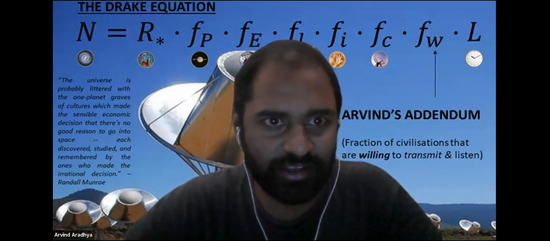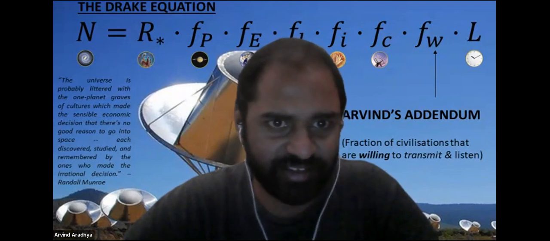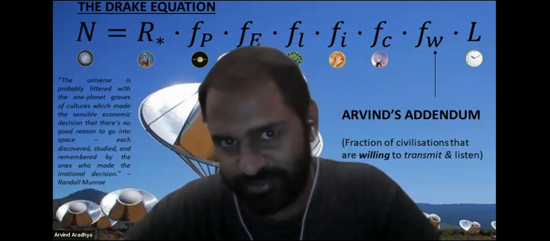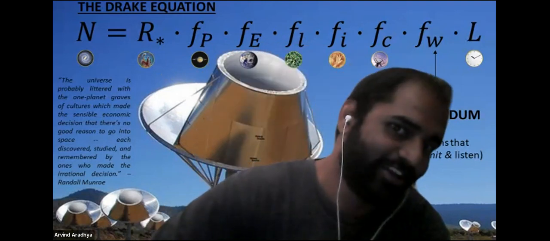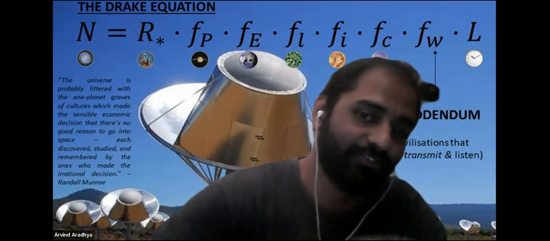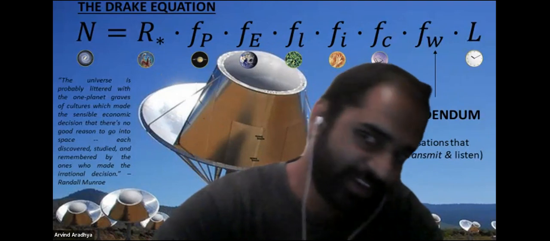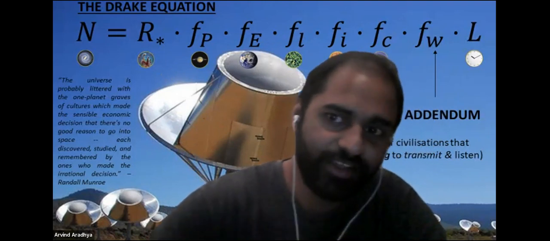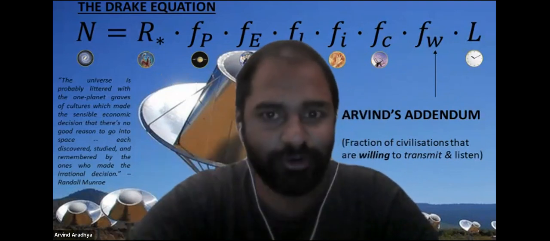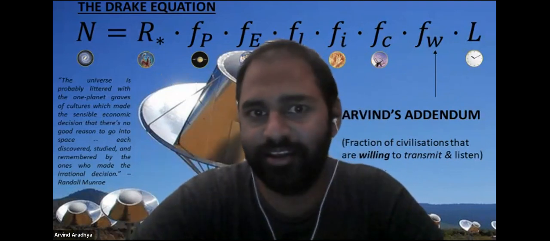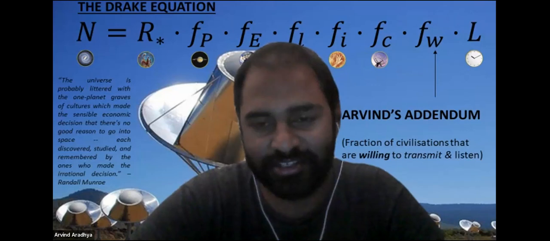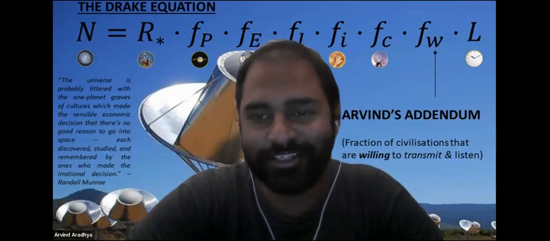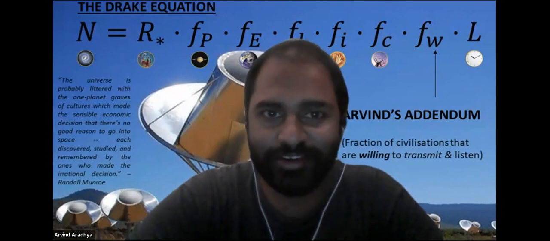So this is N, and then that's the rate of star formation, the fraction of those stars that have planets, the fraction of those planets that are Earth-like, and then the fraction of those that develop life, and then intelligent life, and then the ability to communicate. And forget f_W for a moment, that's me being a smartass. And then the length of time that those civilizations are alive for.